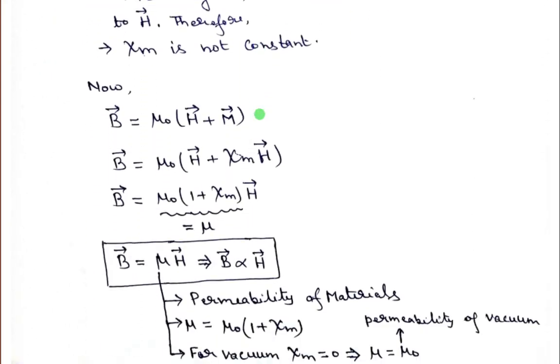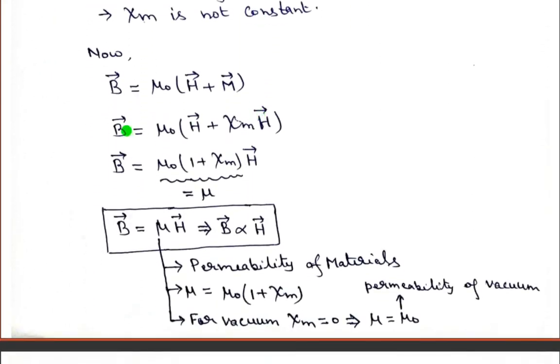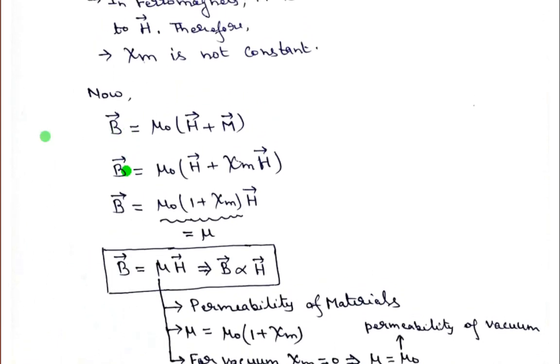It means this magnetic field vector B can be written as mu 0 times H vector plus M vector. In place of M vector we can write chi m times H vector. Here H vector is common, so we can write B vector equal to mu 0 in bracket 1 plus chi m, times H vector.